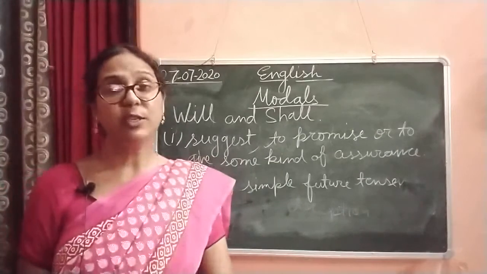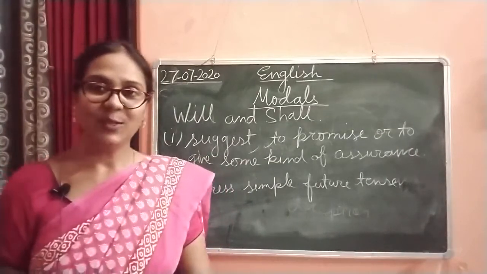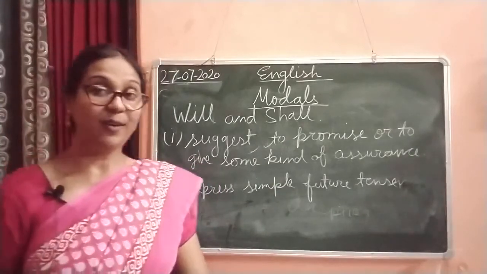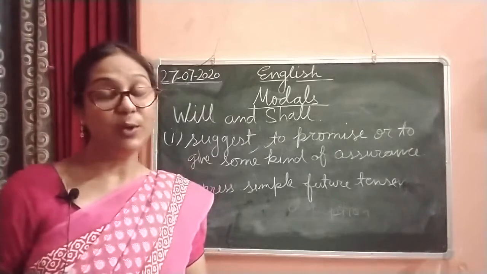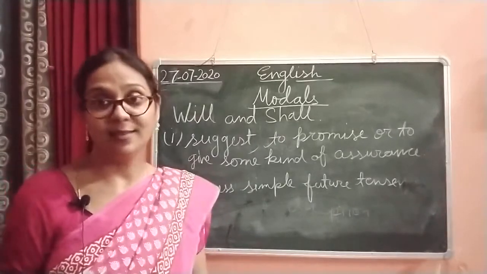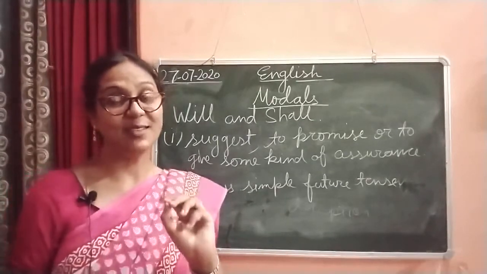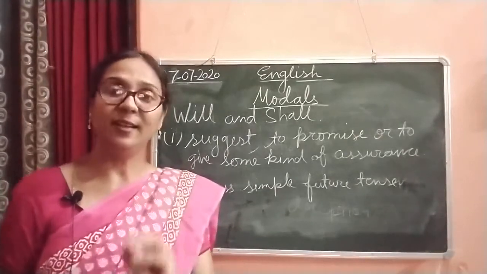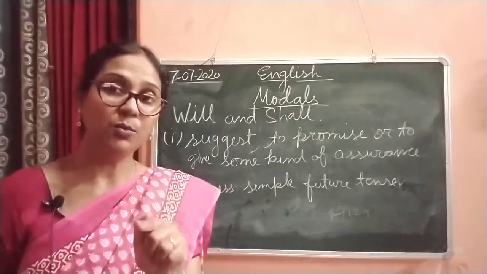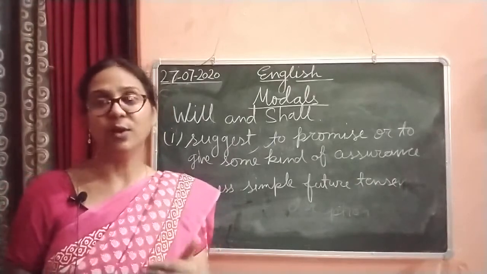If I tell you that I'll come to your house today, it is my promise. Or am I going to say that you shall come to the class? So you shall come to the class, this is my suggestion to attend the class. And if I tell you I will come to your home today, this is my promise, or you can say it's my assurance.